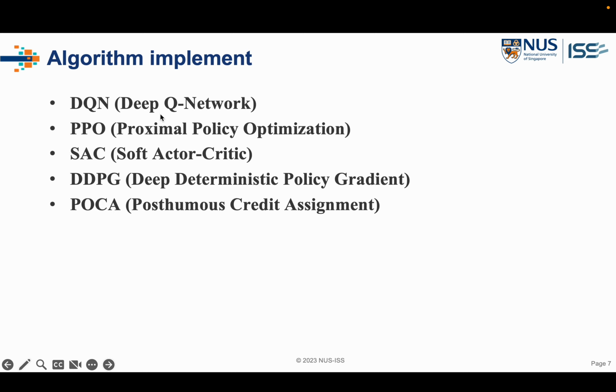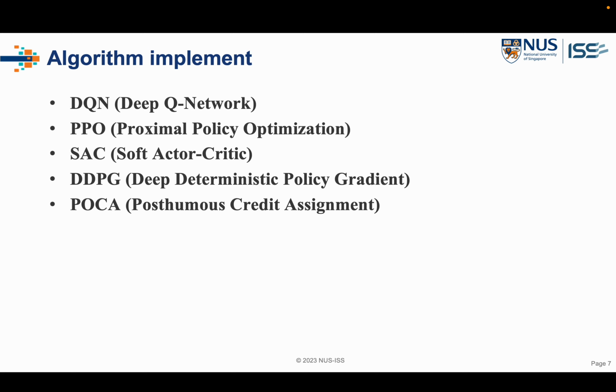This is our algorithm implementation, which has DQN, PPO, SAC, DDPG, and POCA. Each algorithm has its own strengths and weaknesses. DQN uses a neural network to approximate a Q value, and PPO is an on-policy algorithm that optimizes the surrogate objective using gradient descent.